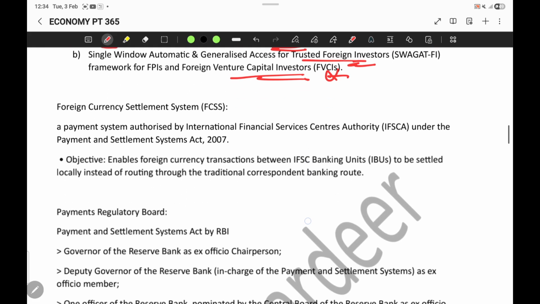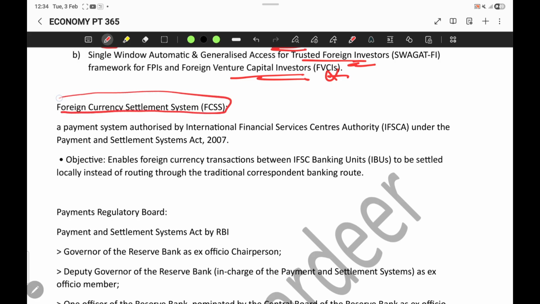That's it. Foreign currency settlement system, FCSS. Foreign currency settlement system is a payment system authorized by IFSCA, the International Financial Services Centres Authority. It's a body regulating the currency settlement system, under the Payment and Settlement Systems Act 2007. What is the objective then?